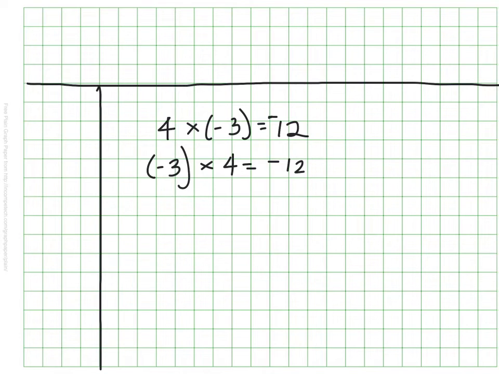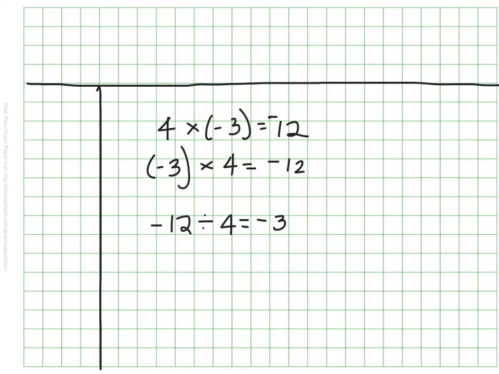But what if we want to divide, right? I know that if I divide negative 12 by one of these factors, I should get the other. So that must mean that negative 12 divided by 4, one of the factors, has to be the other factor. And the other factor is negative 3.